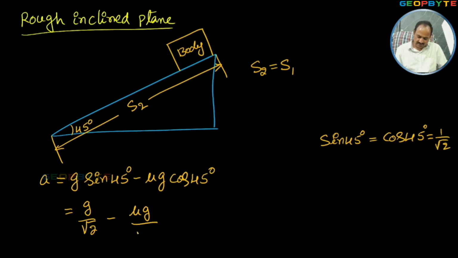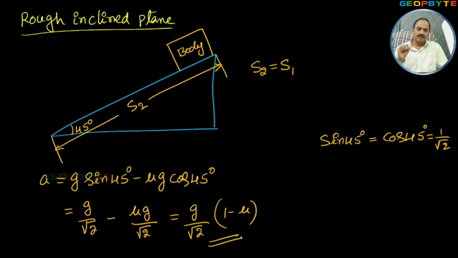So a equals g by root 2 into (1 minus mu). That is the acceleration of the object on the rough inclined plane.